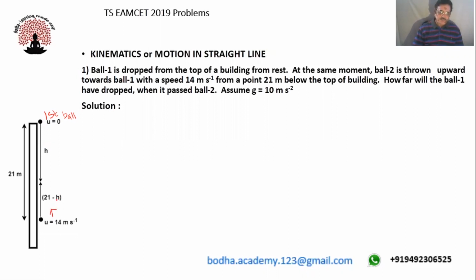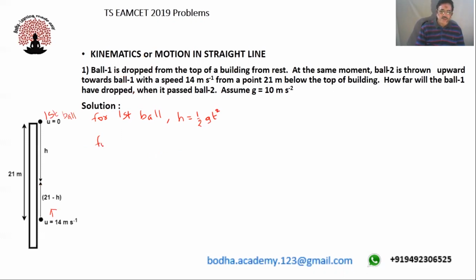Let both balls meet in time t seconds. So for the first ball, I can write h is equal to half g t square.